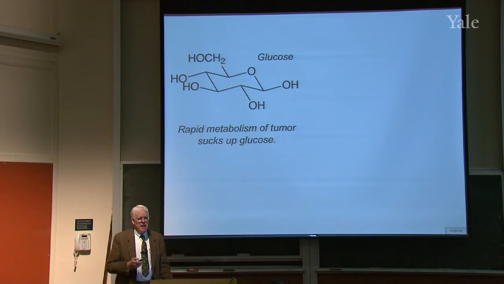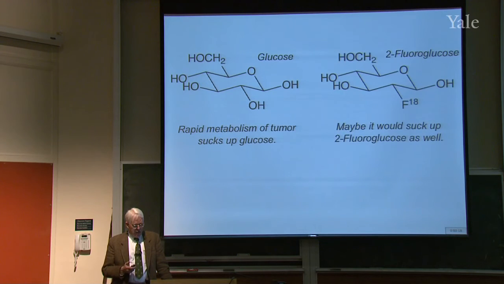So if you had F18 in glucose, that might do the trick, right? If you could make 2-fluoroglucose, with an F18 in it, maybe that would be sucked up by the tumors the same way that glucose is. So we need to make that molecule as quickly as possible from glucose, okay?